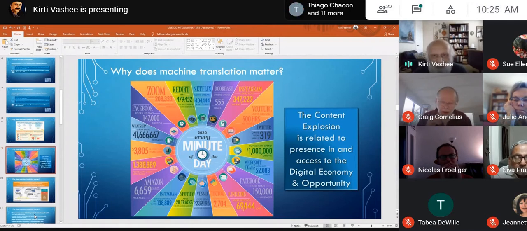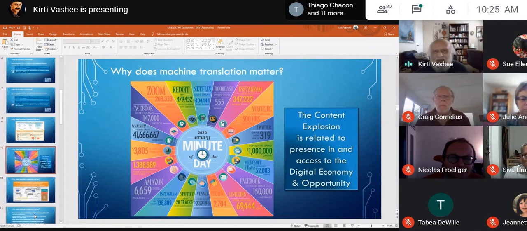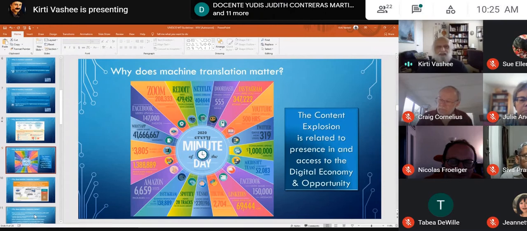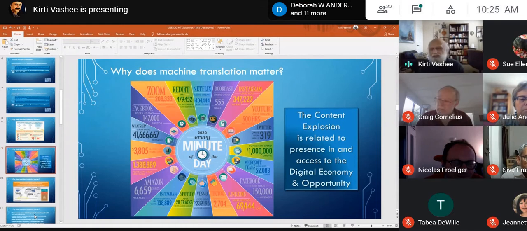There's millions of text messages being sent. There's 42 million messages being sent in WhatsApp. So this just gives you a sense of the scale. And if you look at it, from year to year, you'll see that the numbers move at an unbelievable rate.